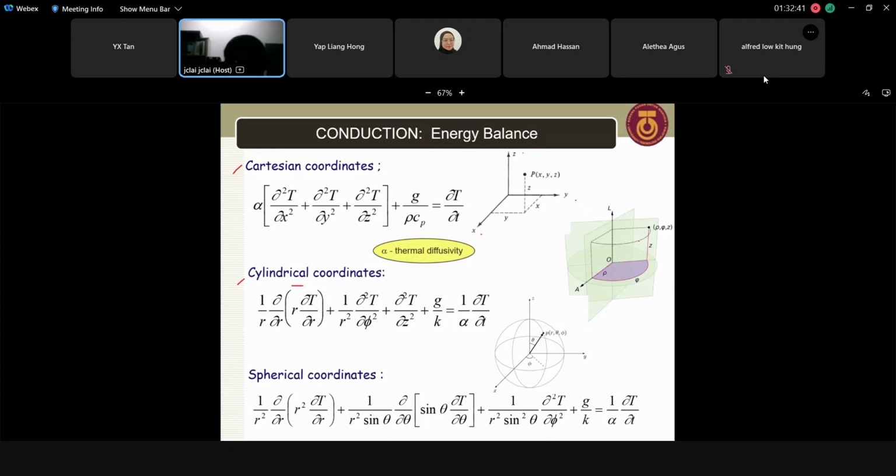It contains three components: rho is the radius, phi moves like this, and Z is the vertical, like the Cartesian Z. The spherical coordinate also has three components: R is the radius component, and theta and phi.